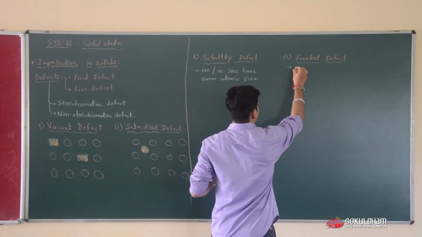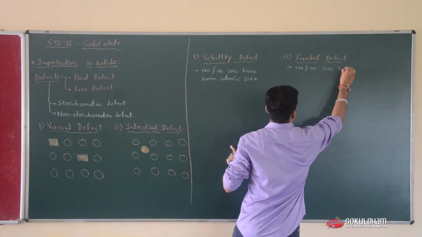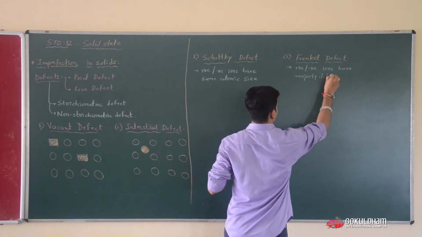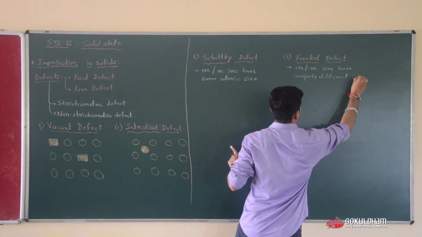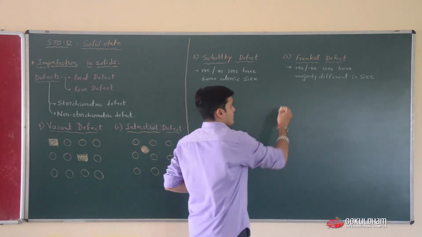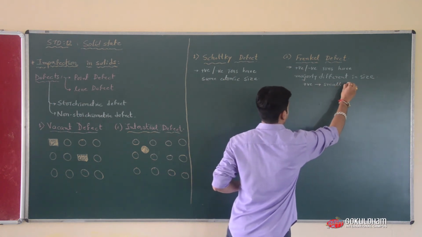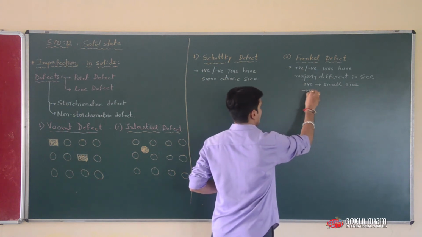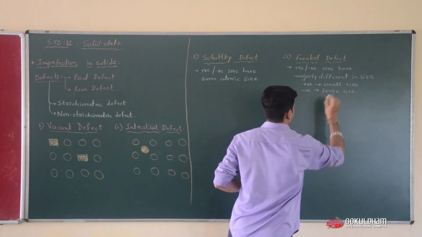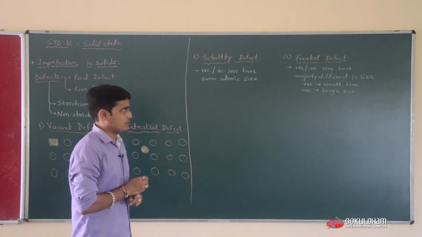When Schottky shows, positive and negative ions have the same size, and in Frenkel, positive and negative ions have a major difference in size. Majorly different in size means the positive ion always has a small size and the negative ion always has a large size, because for the formation of a positive ion the atom has to remove electrons.